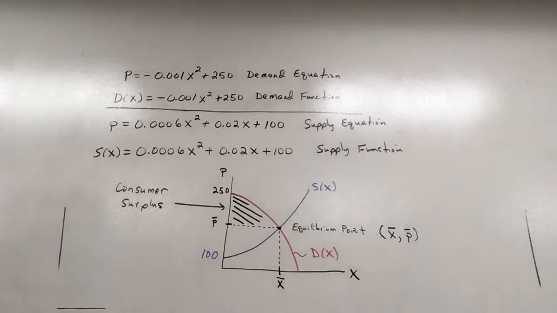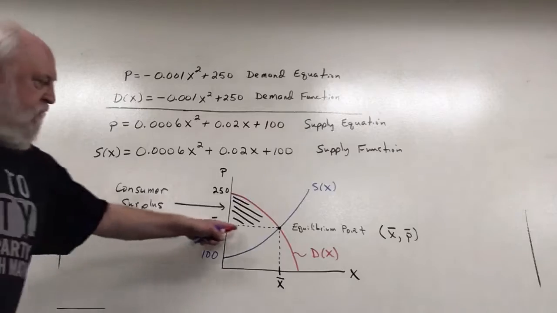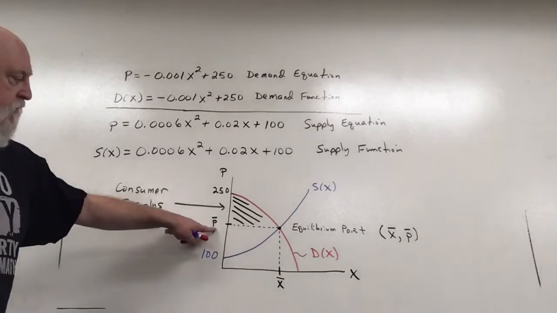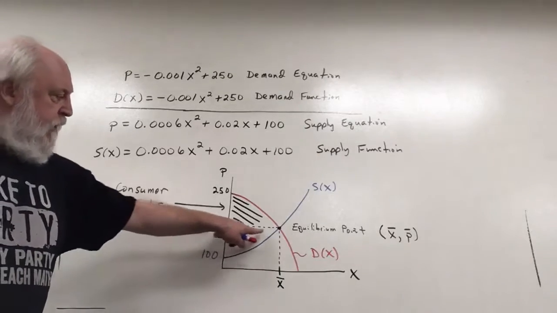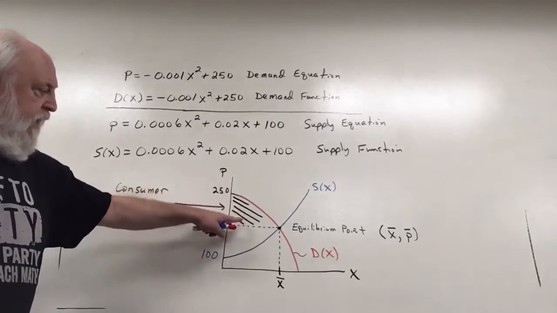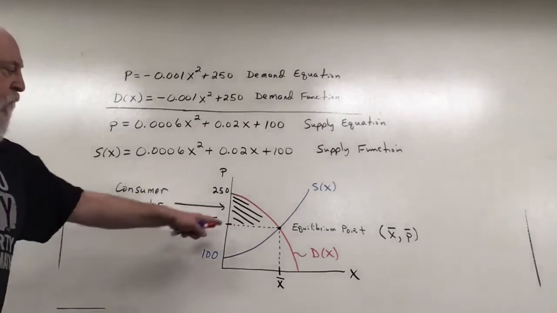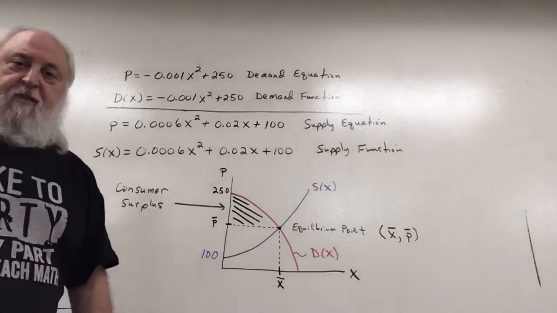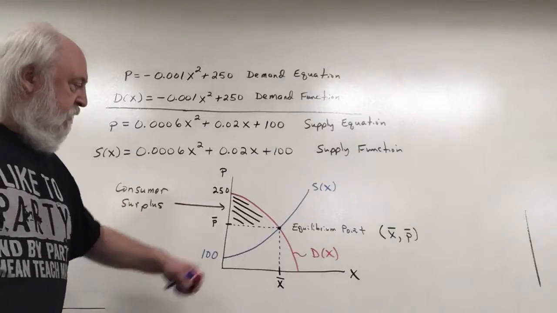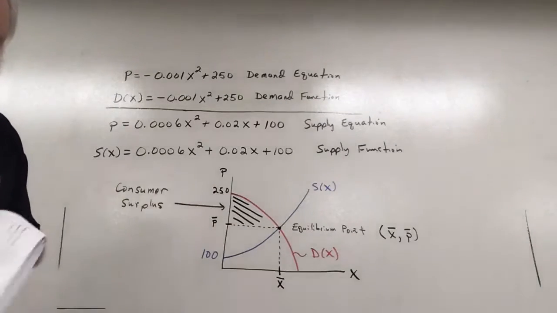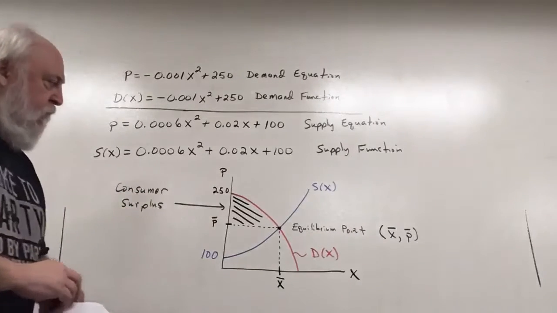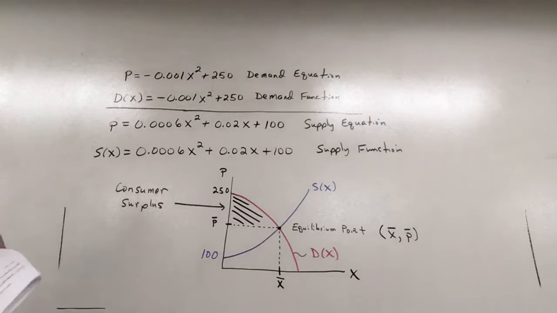And we can calculate that consumer surplus, the area shaded in black above the horizontal line segment to the right of P bar and below the demand curve D of X. And we can calculate the size of that area using what we learned from section 6.6, the area between two curves. So that's half of what this section's about: calculating consumer surplus given a demand curve and a supply curve for a good.